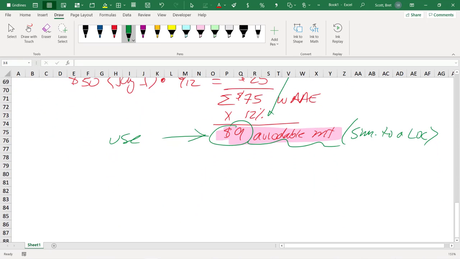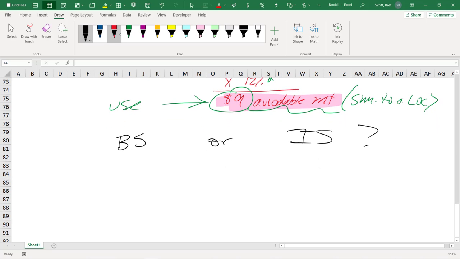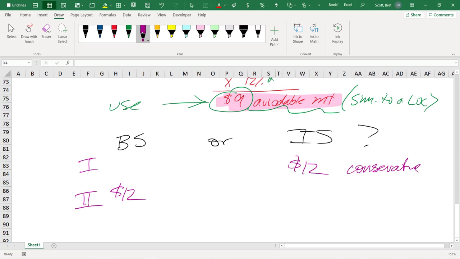So on our balance sheet, this is the question that started off that whole learning objective. Do we put it on the balance sheet or the income statement? We can either say, look, put the full 12 on the income statement. That's too conservative. Option number 2, we can put the full $12 in interest on the balance sheet. That's too aggressive.